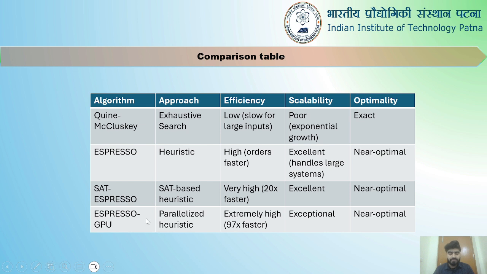And Espresso GPU is a parallelized heuristic, extremely high, 97x faster in efficiency, with exceptional scalability and near-optimal optimality. So Espresso, SAT Espresso and Espresso GPU are all near optimal, and Quine-McCluskey is exactly optimal.